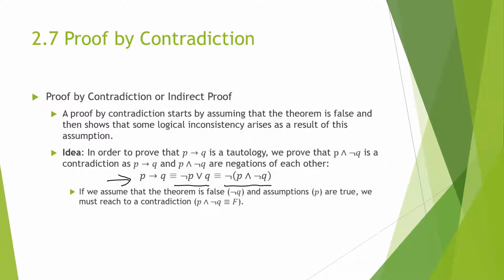In other words, we have to show that if P and not Q are true at the same time, then this is equivalent to always false. This is a contradiction. That's why we call this method proof by contradiction. So we will see an example in the next slide.